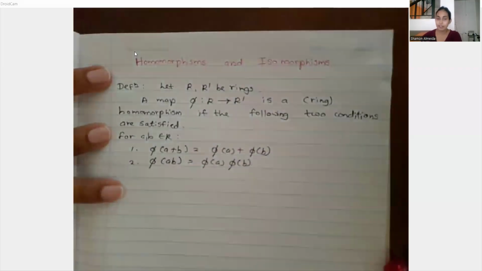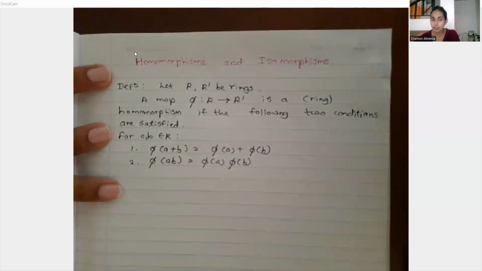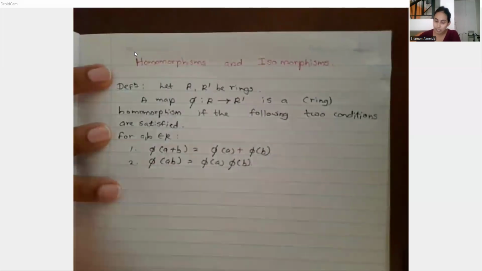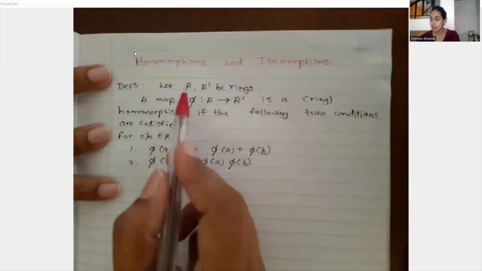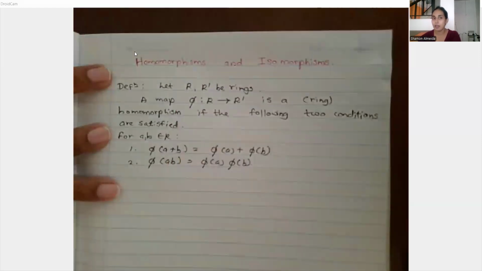So if you look at the first condition stated over here, phi of a plus b is equal to phi of a plus phi of b. This actually tells you it's a homomorphism between the two abelian groups R and R prime. Now remember, R and R prime are rings. That means they are abelian groups under addition.